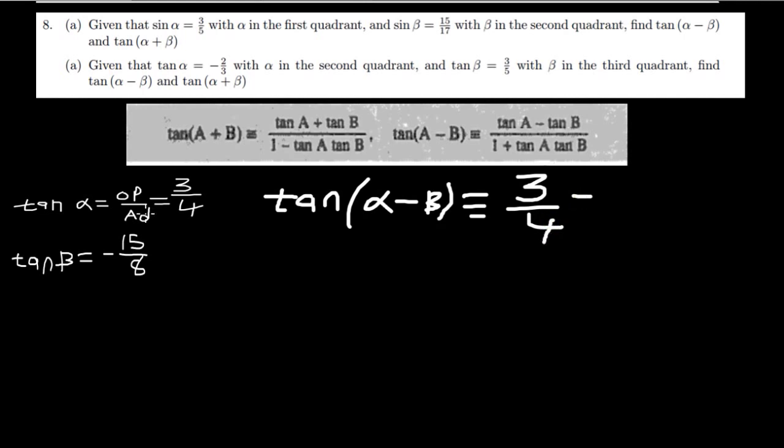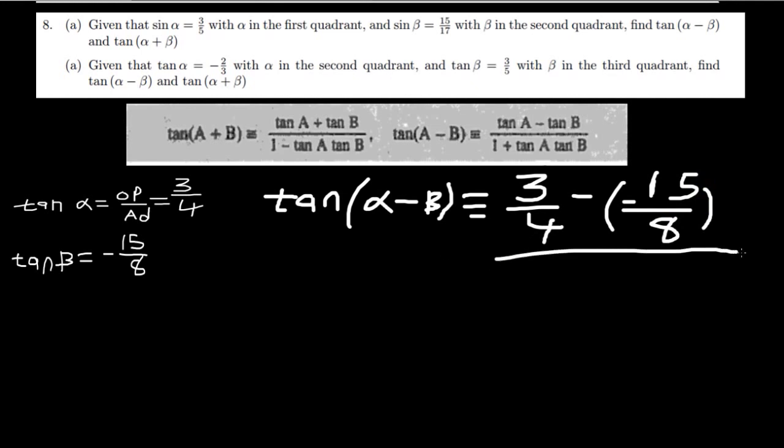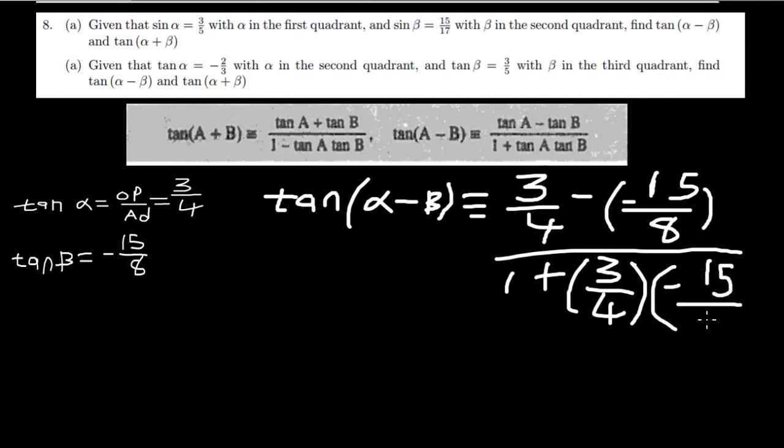Then minus, where there is tan B, I'll put negative 15 over 8, and then over everything, 1 plus, where there is tan A, I'll put 3 over 4, where there is tan B, I'll put negative 15 over 8.